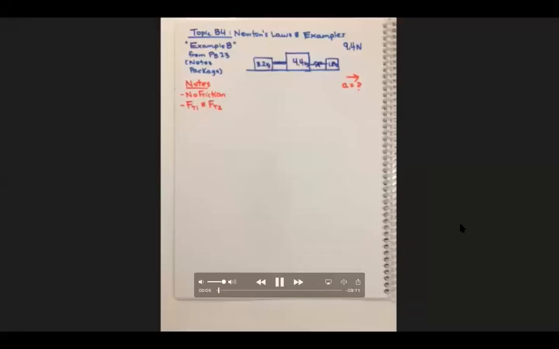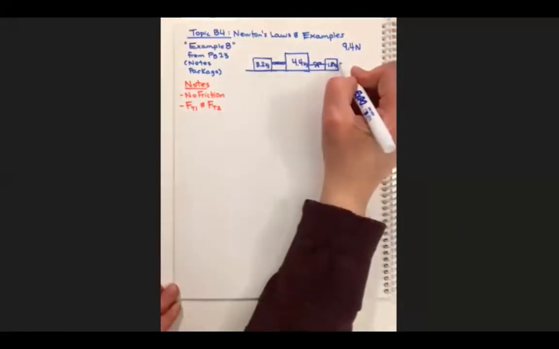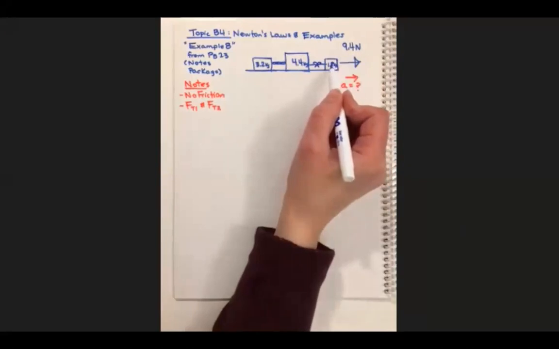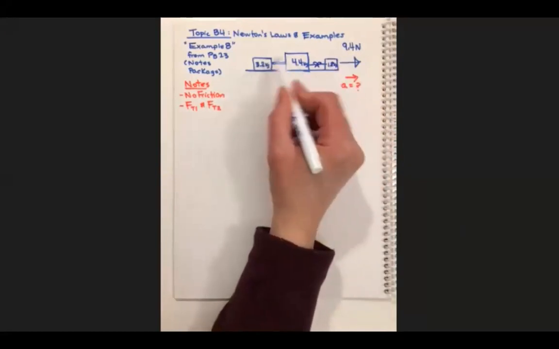Here we have three objects connected by strings and there's a pulling force. So this is a multi-body problem because there's a single applied force that causes multiple interacting objects to move. Our 9.4 newtons is only being applied to the first box here. We notice we have three objects.